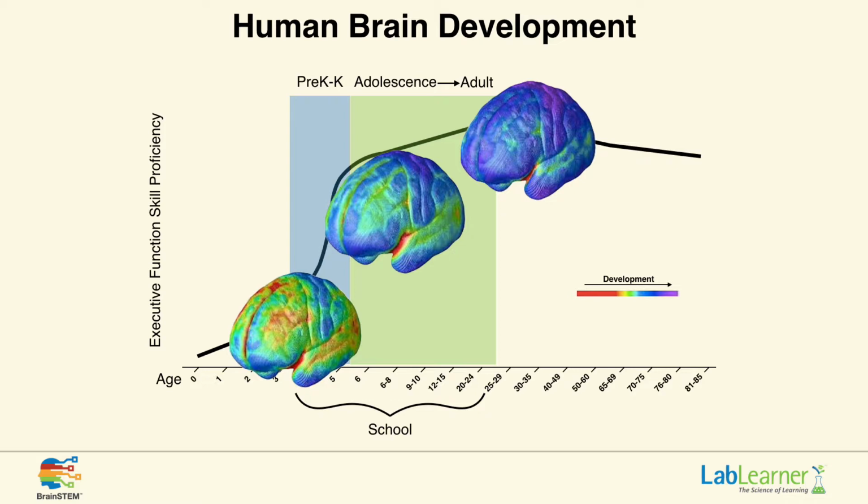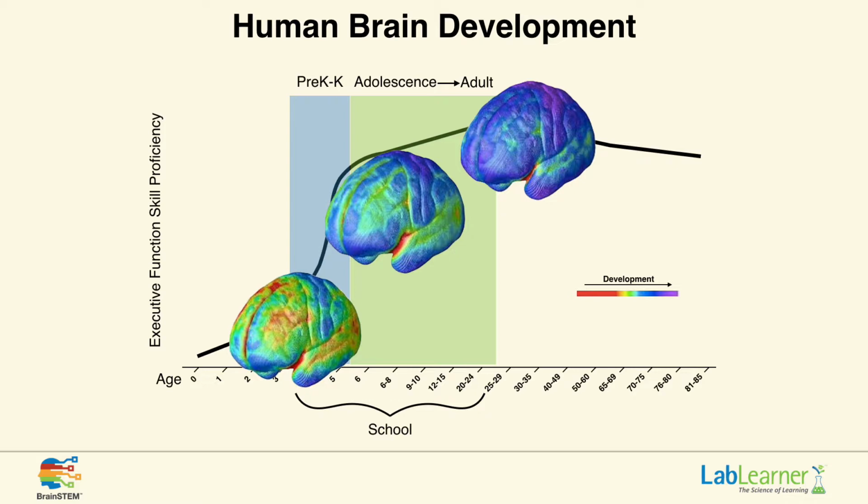Executive functions occur in different places in the brain, but really focus in the very front part of the brain. What you can see is that while the whole brain is maturing, as in these three drawings of the brain over different times in development, red is least developed, and yellow, greens, and blues indicate much more developed, if you look at the development key here.